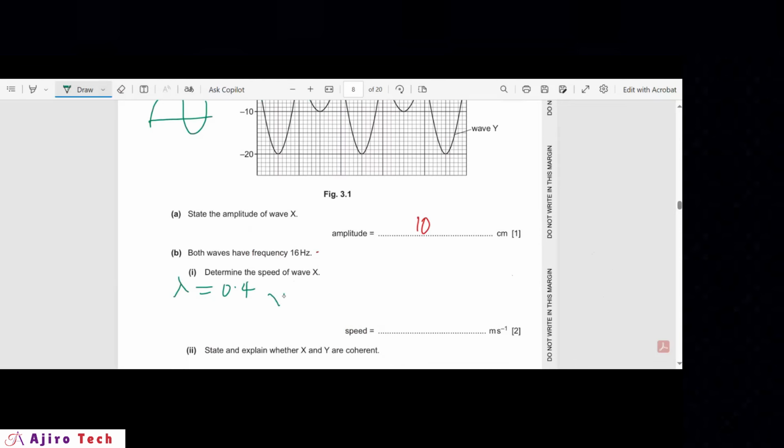So don't forget we have speed equal to what? f lambda. So meaning 16 multiplied by 0.4. That's 6.4.